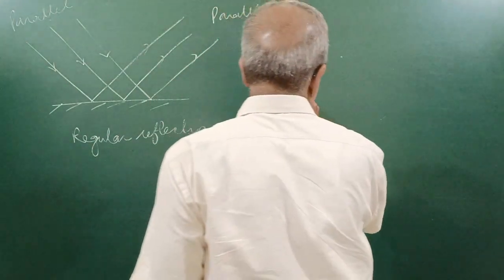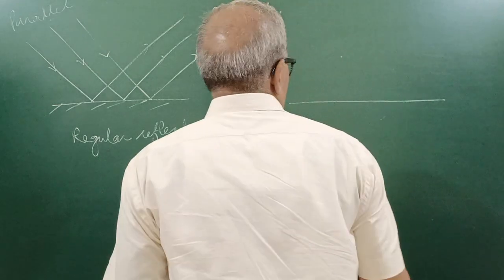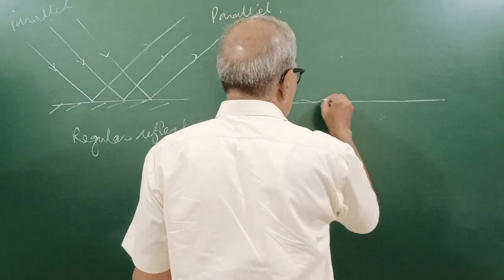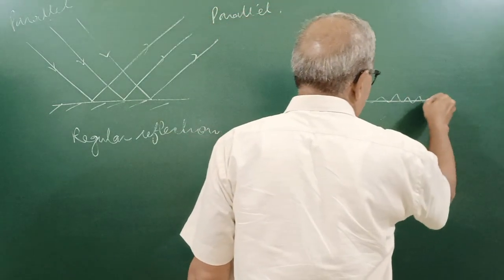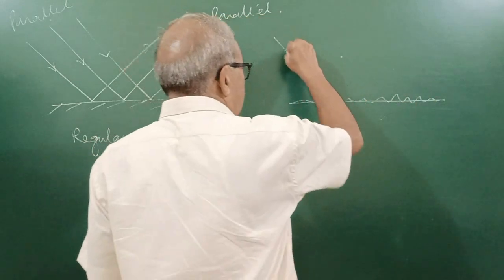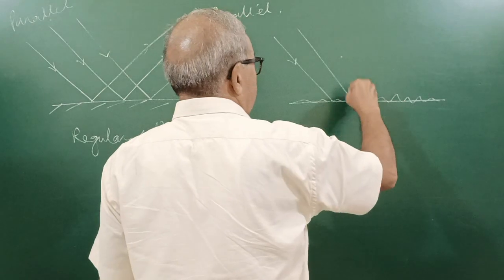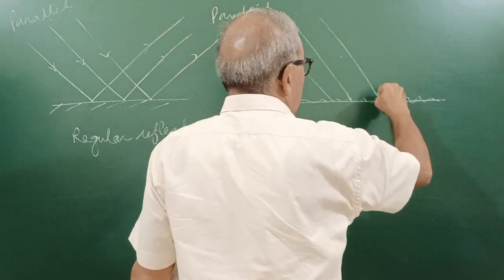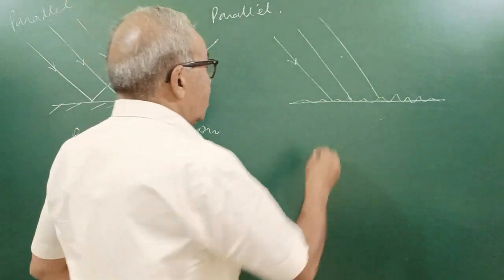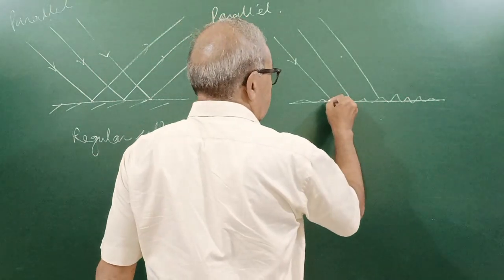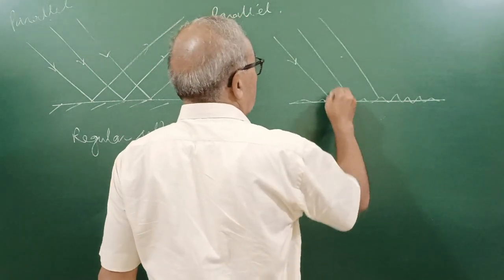Irregular reflection. Actually, when the surface is not smooth, it has many irregularities. Any beam will fall like this as a parallel beam, but it is reflected not as a parallel beam. Here the surface is like this, so the rays may go like this.